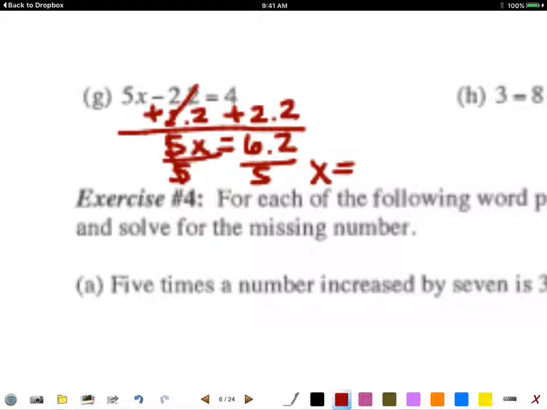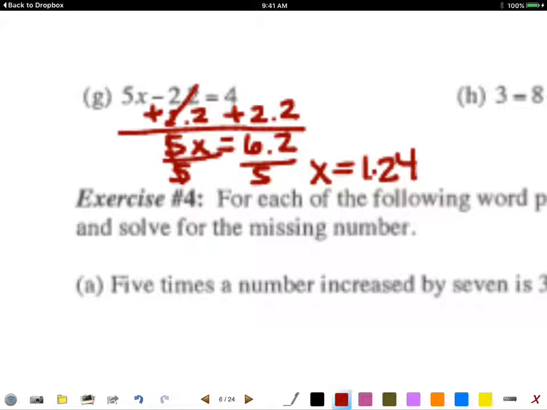So we're left with x equals, now go out to the side and do 6.2 divided by 5. All right, what are we getting? 1.24.